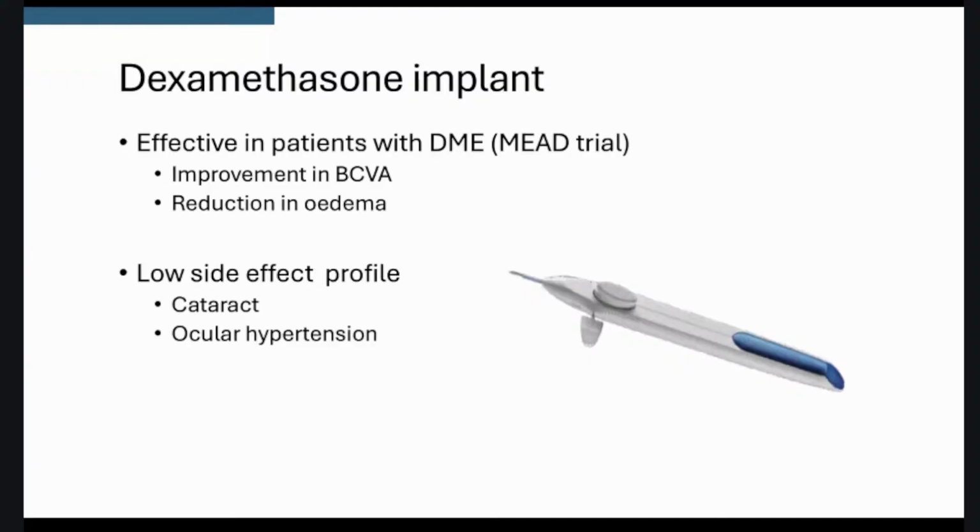And so in some patients, the effect of the dexamethasone can last up to 6 months. And so that's great, especially in patients that aren't able to follow up as regularly and aren't able to come for injections as frequently, because then you've got a few months before they might need their next injection.